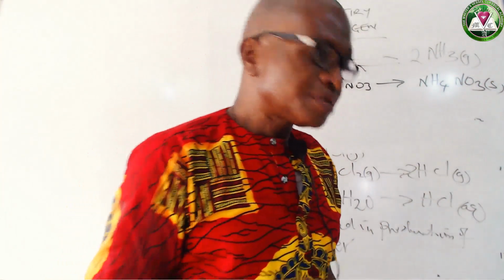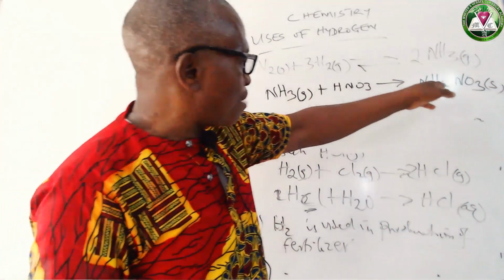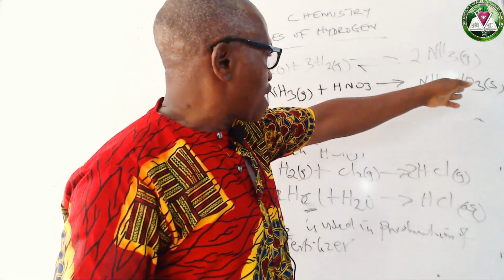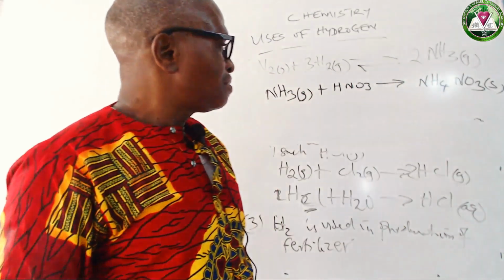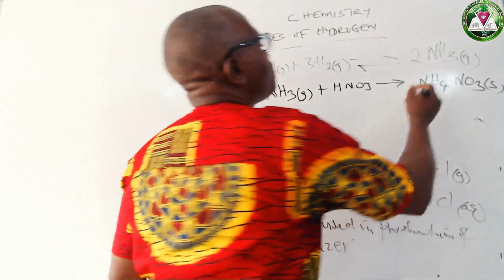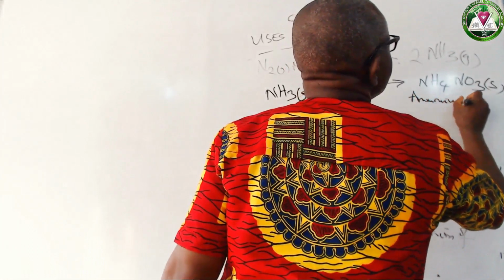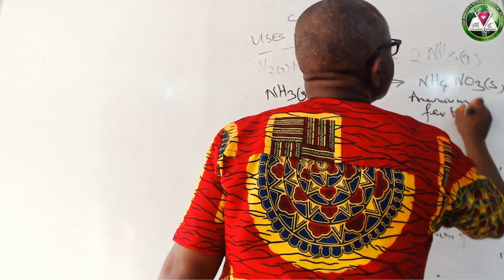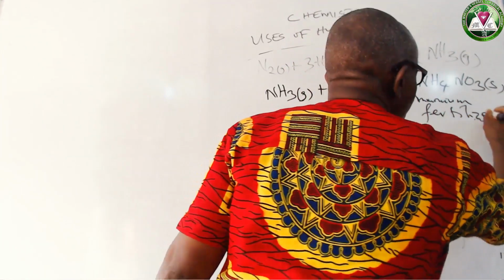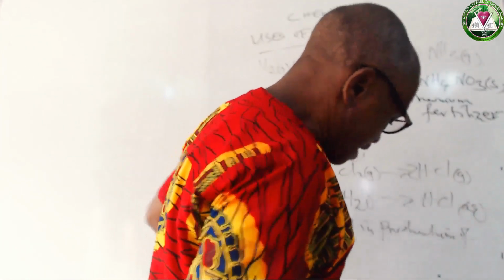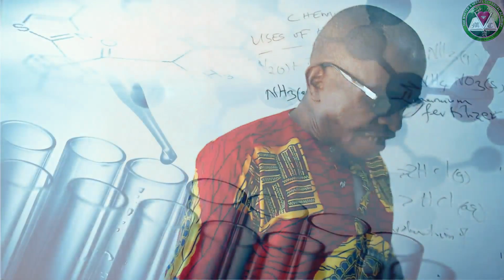Therefore, this is your ammonium trioxonitrate 5 salt, and this is your fertilizer, ammonium fertilizer. That's your ammonium fertilizer.